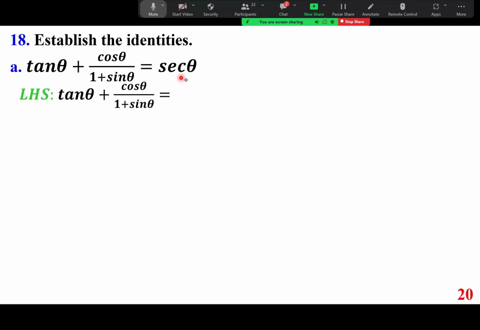So we change everything to sine and cosine, which means tangent theta will be changed to sine over cosine. And now the common denominator is the product of these two: cosine theta times 1 plus sine theta. So this one, sine theta times 1 plus sine theta, gives us sine theta plus sine squared. And these two, cosine squared.